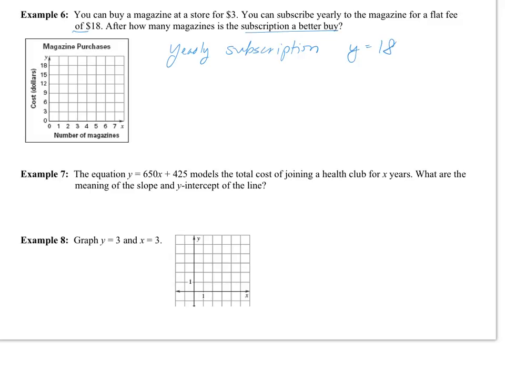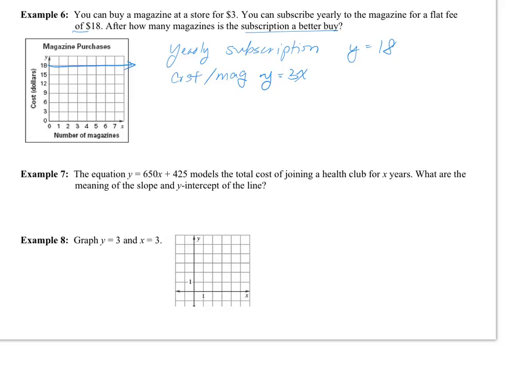And the cost per magazine can be represented by y equals 3x. And we can graph this.